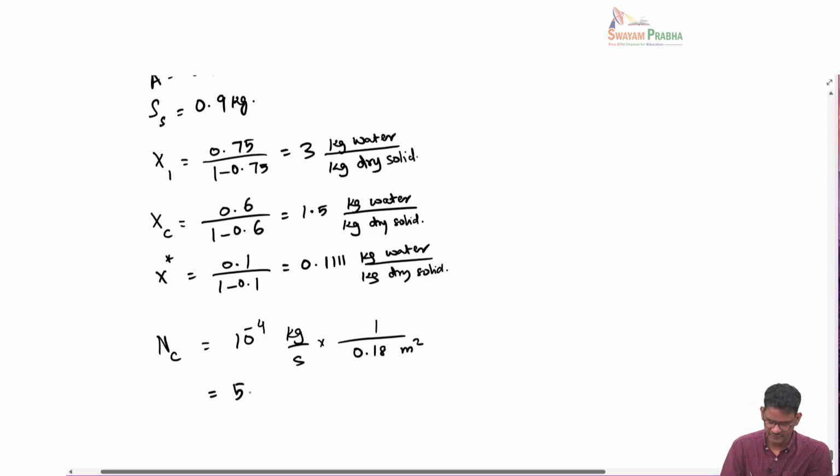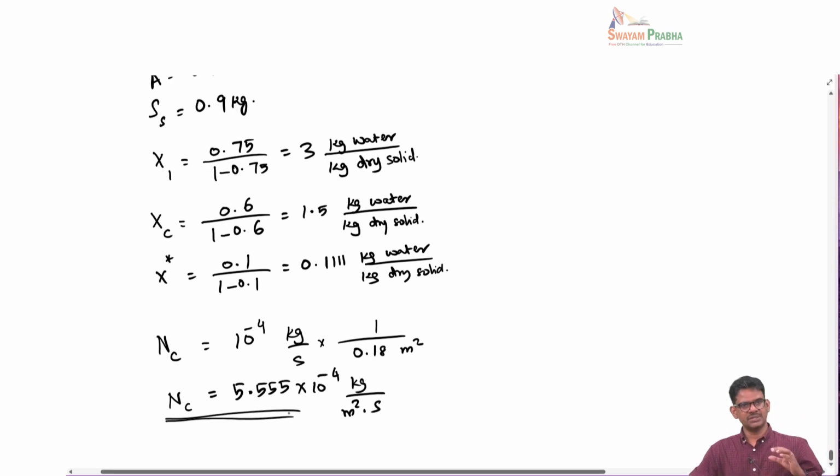You get something like 5.555 times 10 power minus 4 kg per meter square second. So we can use this constant drying rate for the actual sample.